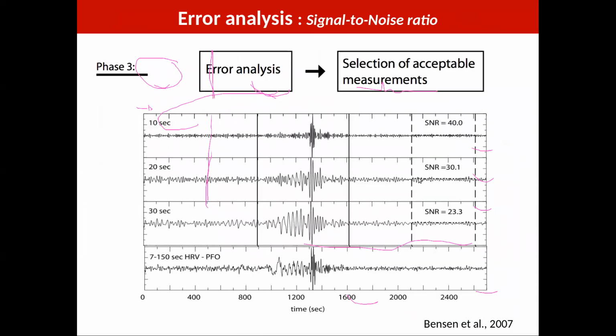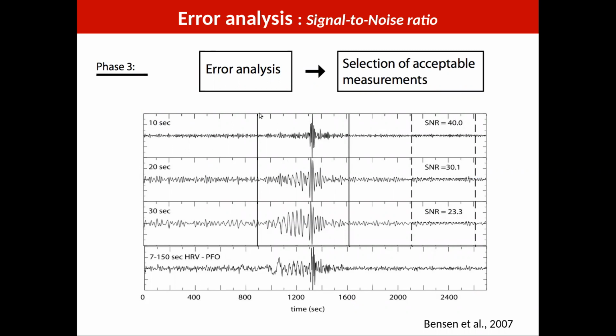And so now we have our surface wave, and the next part is that we have to do some error analysis. The commonly done analysis is to measure the signal to noise ratio.